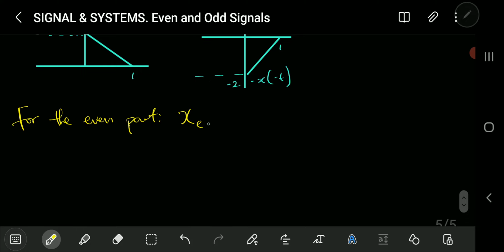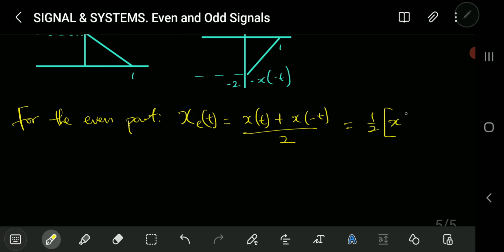For the even part, x e of t is equal to x of t plus x of minus t over 2. You can also rewrite this as 1 over 2 into bracket x of t plus x of minus t.